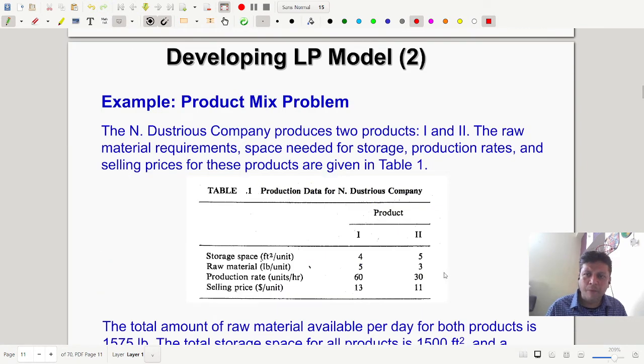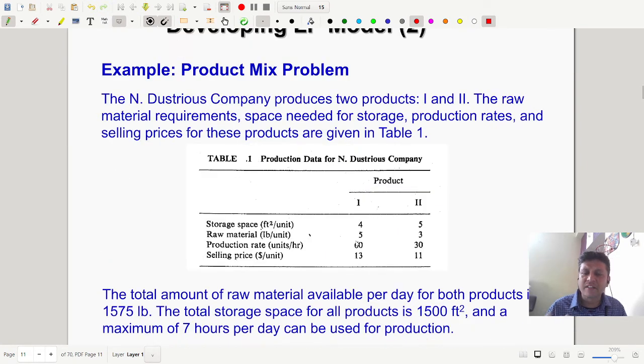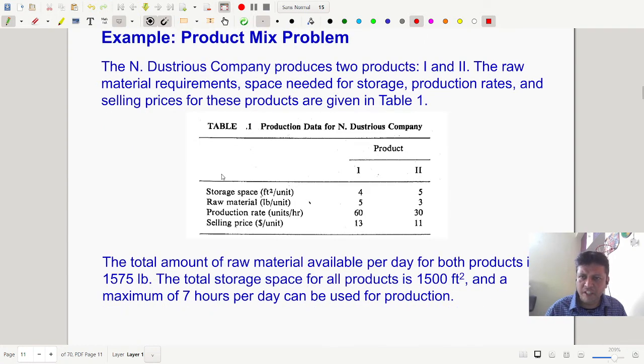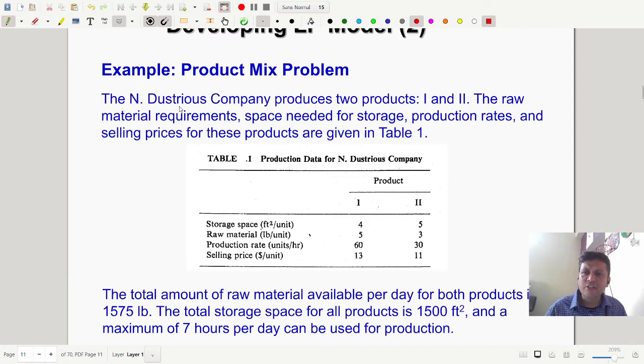Now let's have a problem and I will develop a LPP. Product mix problem. So look at the example first very carefully. The industrious company produces two products, product 1 and product 2. Look at the chart also that is given.